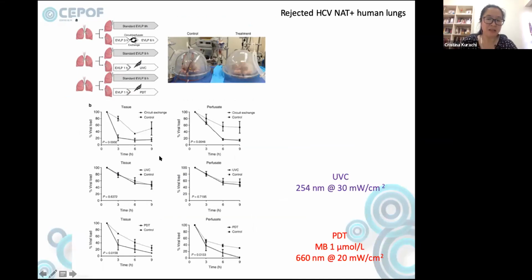This is the UVC response, and this is the PDT response, which was checked using RT-PCR. So we do have a very nice control, especially, as I told you, in the perfusate using PDT, but also UVC. And in fact, as we are not treating the tissue, for sure we are going to still have a viral load in this lung.